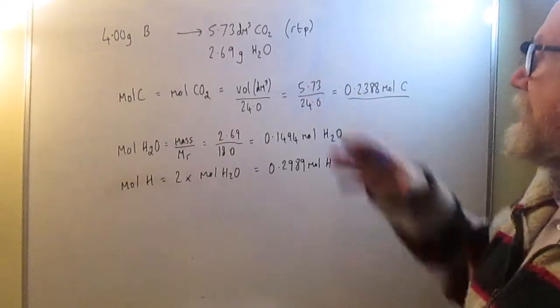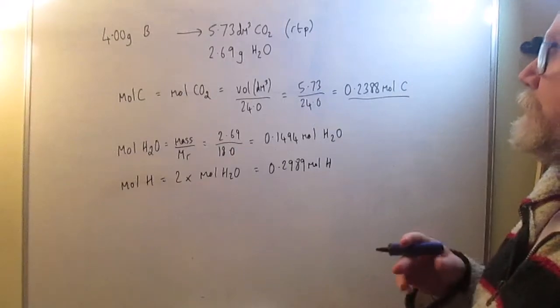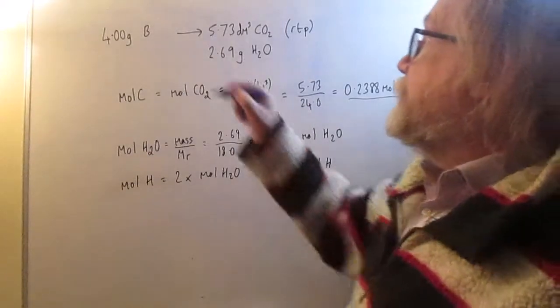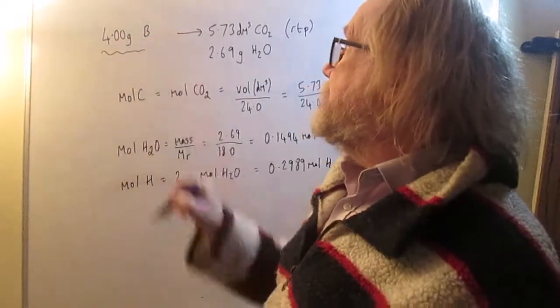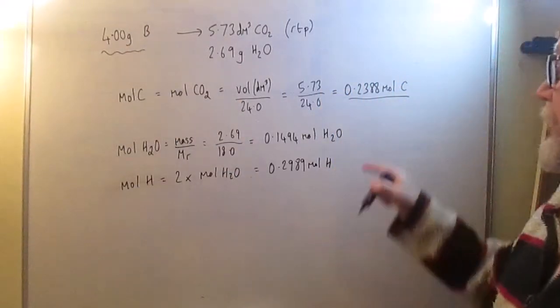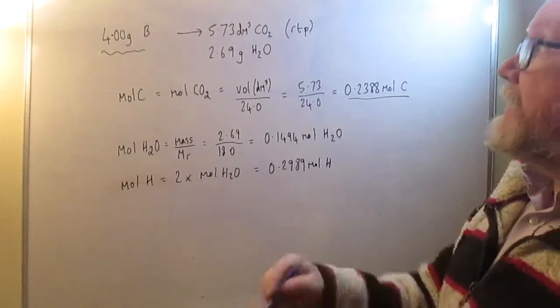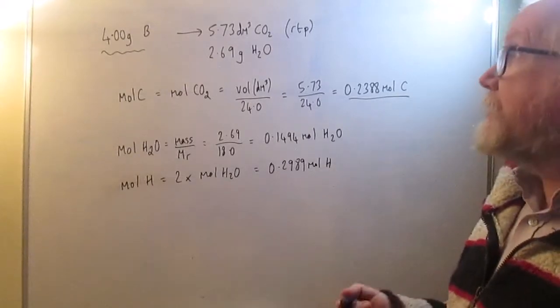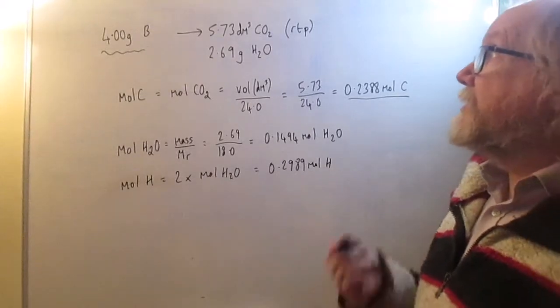Now we've been told that there's nitrogen in this molecule as well, and you can't get the moles of nitrogen in this same kind of way, but you can get it because we know the total mass of the compound, and we can work out what contribution the carbon and the hydrogen made to that, and therefore just by subtraction figure out what the nitrogen mass was.